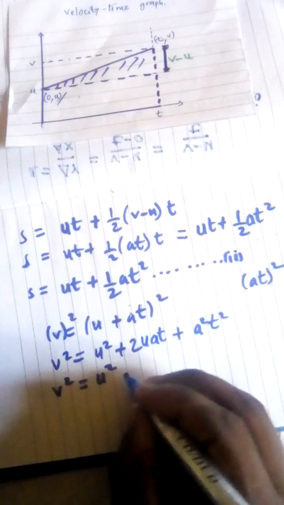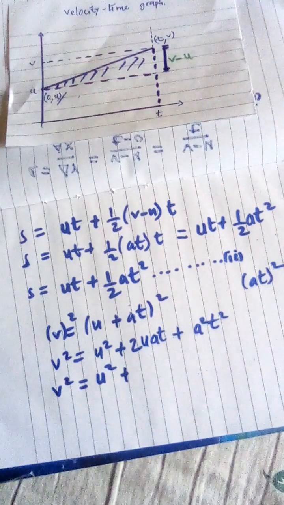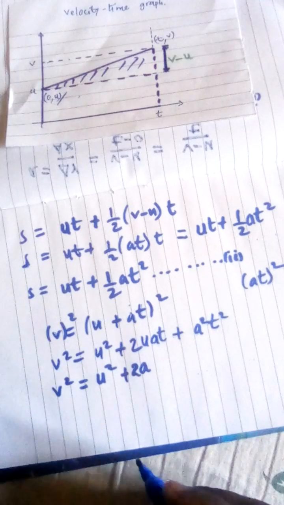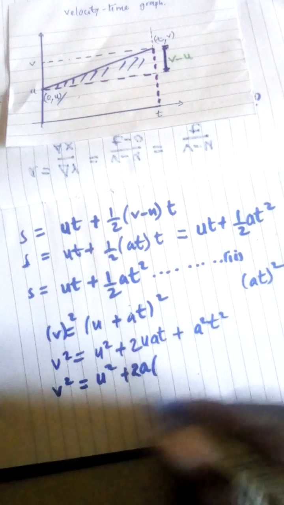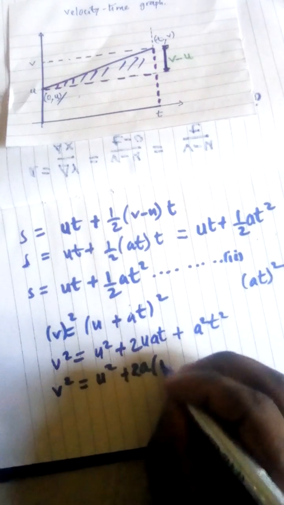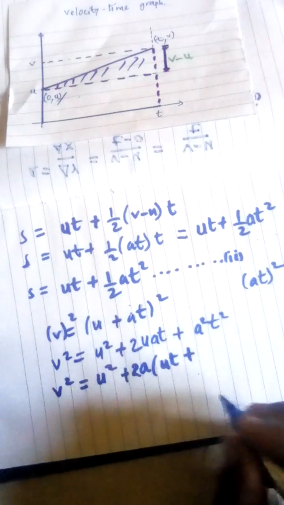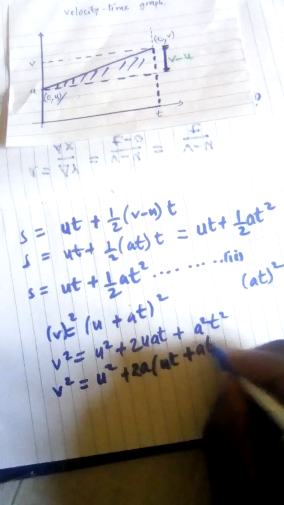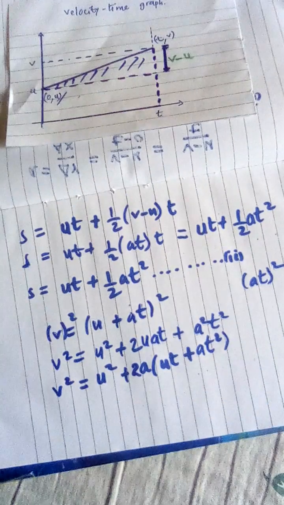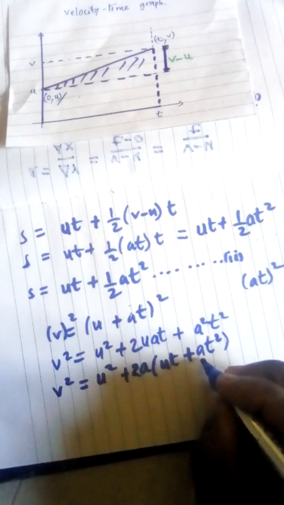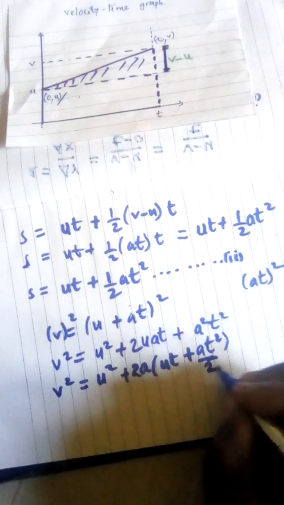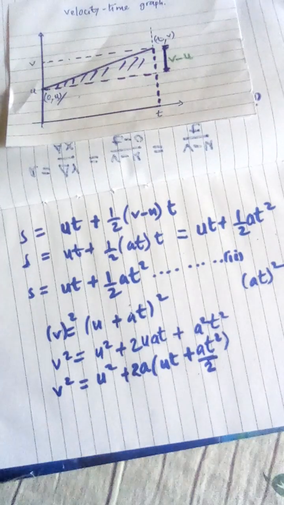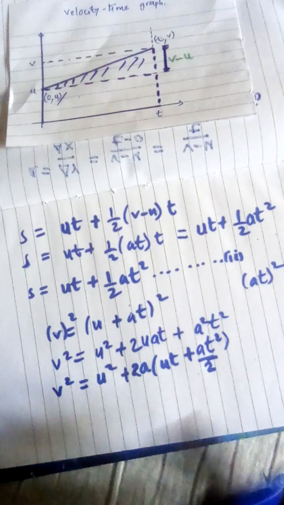And then we take u squared on this side, so v squared is equal to u squared plus, let's factor out 2a. When you factor out 2a, I'm going to remain with ut plus half at squared, because at squared divided by 2a is basically at squared over 2.